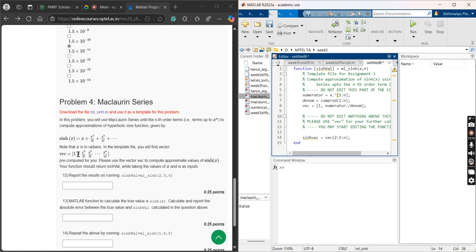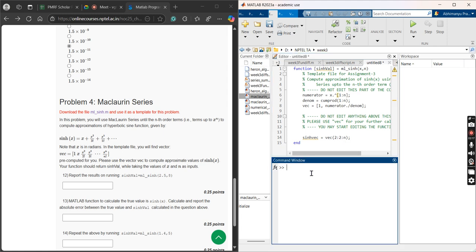So we need the second, fourth, sixth values of this vec vector. So we will take out elements from this vector, starting with the second element up to nth element in increments of 2.